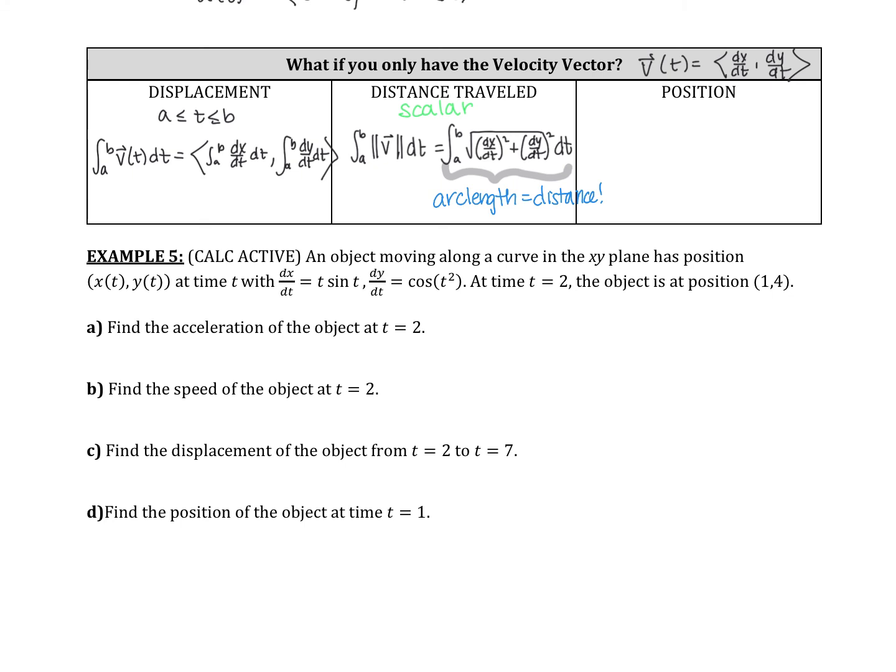All right, let's look at position. Well, what is position? We know it's the first derivative. So I know we need to take the antiderivative of my velocity vector. But we're going to use the idea of the fundamental theorem of calculus. And just to the side, I'm going to write over here, to remind ourselves about the fundamental theorem of calculus.